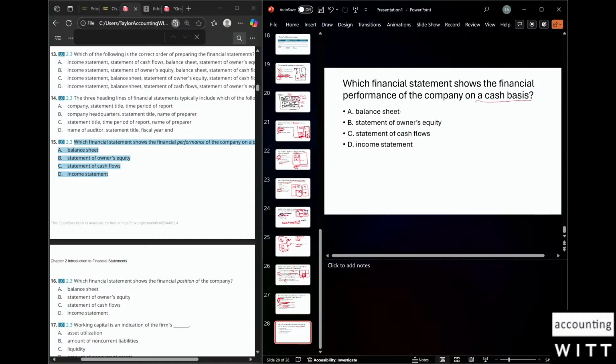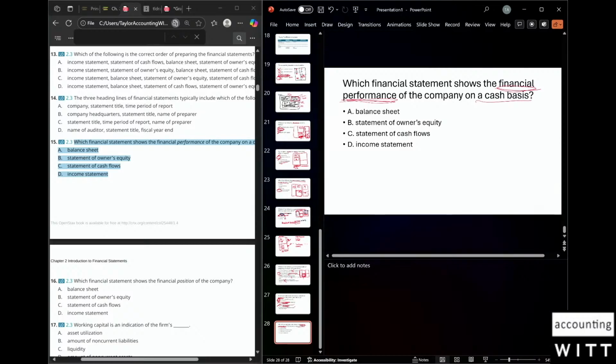Because the balance sheet could, if it's a cash basis balance sheet. So, okay, financial performance. How are you defining performance? Are you talking about the growth? Are you talking about the balance sheet health? Like the financial health versus performance.